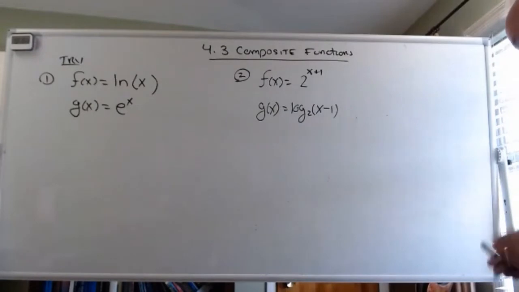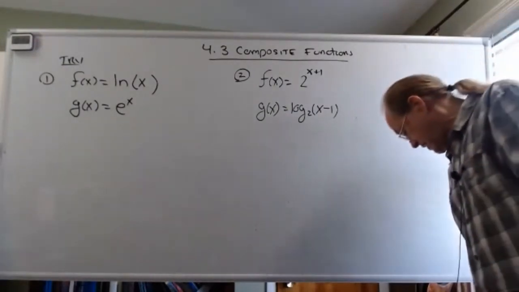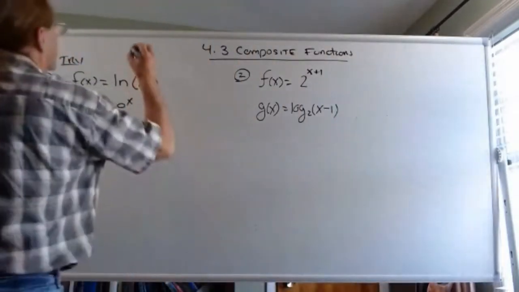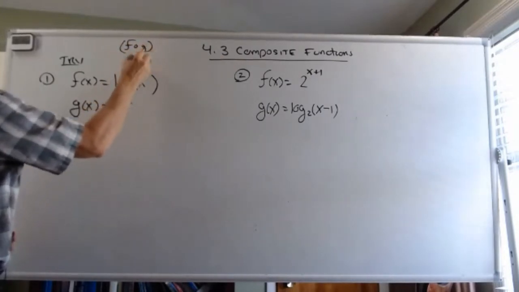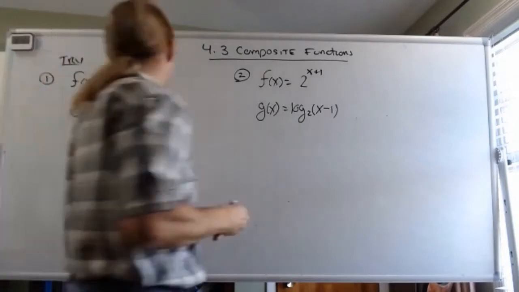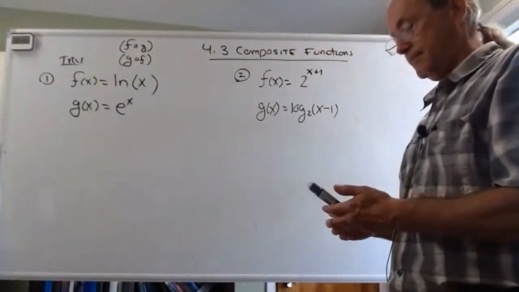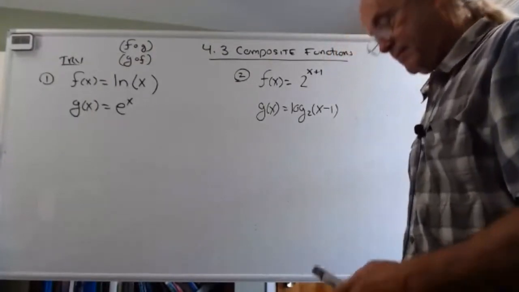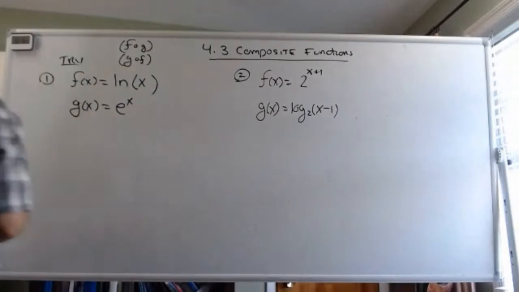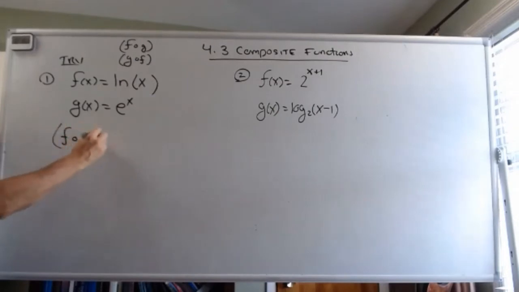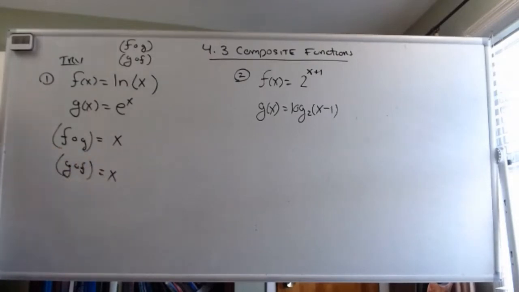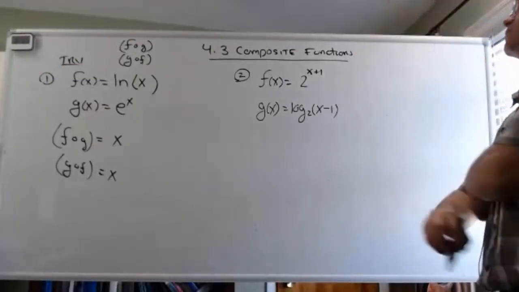So try those two and see what you get for each of those compositions, f composed with g and g composed with f. Those are, as we know, inverse functions, so they do undo each other in that specific way.